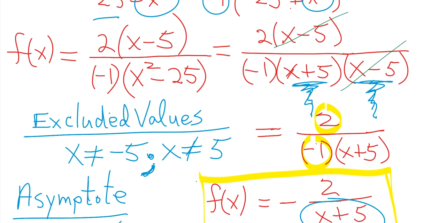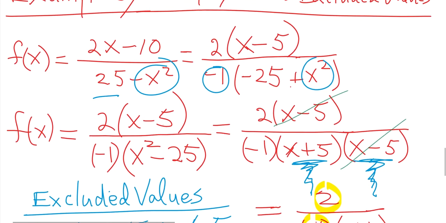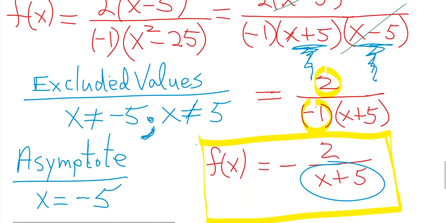That creates this thing that we just talked about in the last example. It creates a removable discontinuity. So essentially, there's a hole in the graph right there. The graph has a break in it, a hole in it, where x equals 5. Let's verify and see if this actually turns out to be true. So we're going to put in our original problem, which was 2x minus 10 over 25 minus x squared.